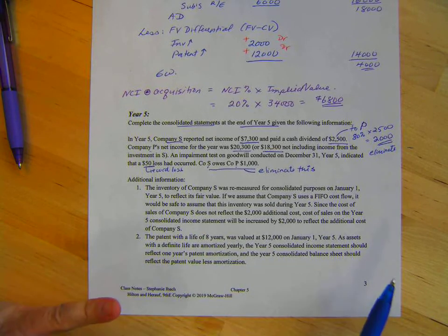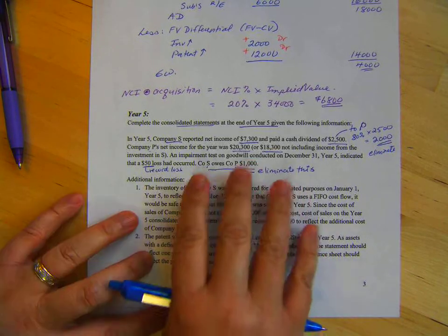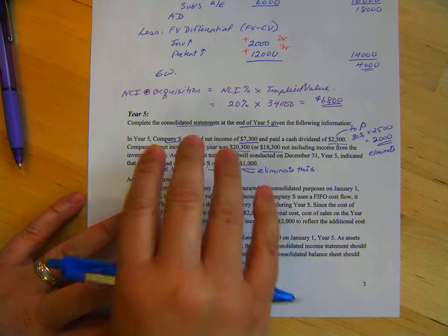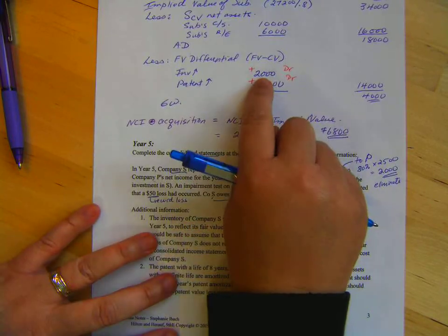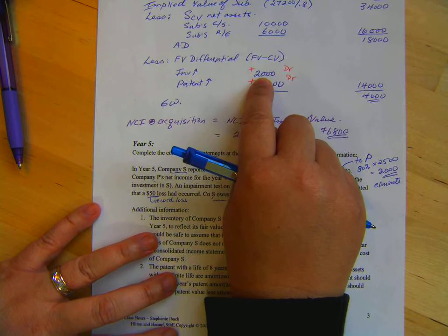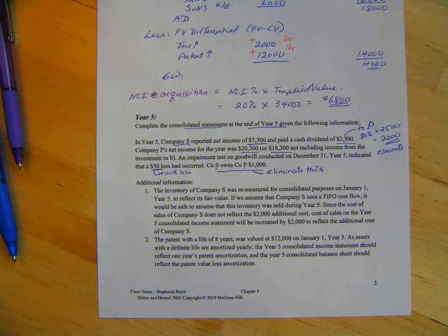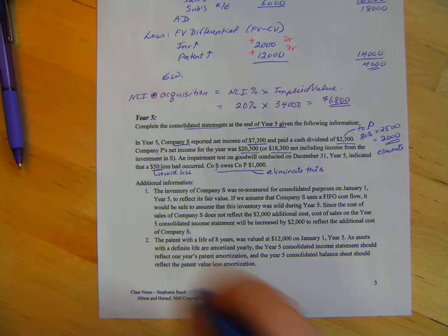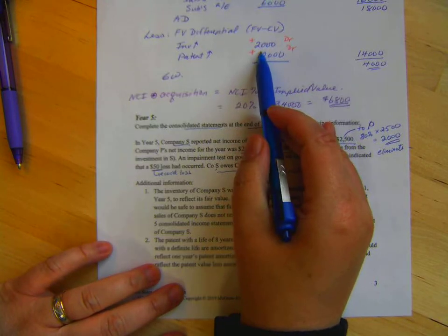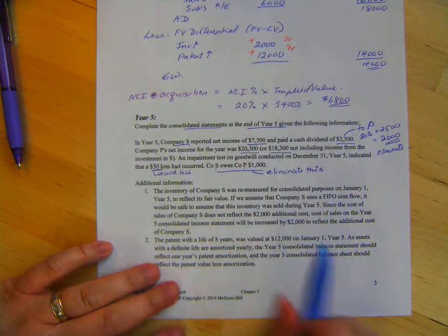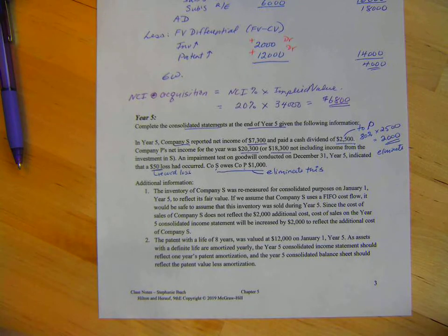Now, because of time moving forward, things change. So if we had done the balance sheet at acquisition, we would have written that inventory up by 2,000, right? What happens to that sub's inventory during the year? Well, hopefully that inventory gets sold, right? So we will increase it during that first year, but then the next year it disappears, so we're going to have to decrease it because it's gone.